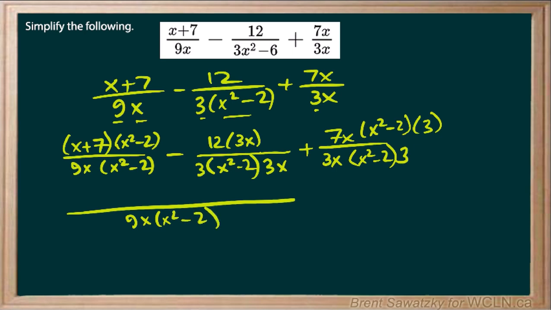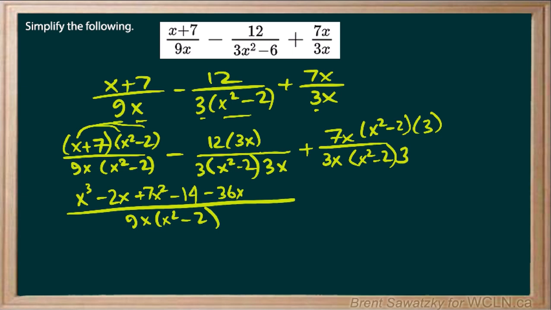So for this first one, we end up with x times x squared is x to the 3. X times minus 2 is minus 2x. And then 7 times x squared is plus 7x squared. And 7 times minus 2 is minus 14. All right, 12 times 3 is 36, and it's a negative because it was subtracting there, 36x.